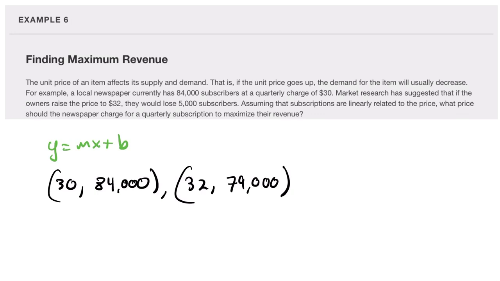So we could find the equation of the line through these two points. Okay, I'm looking for something quadratic in nature. Assuming the subscription is linear, what price should they charge to maximize the revenue?